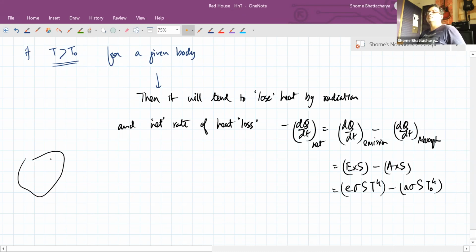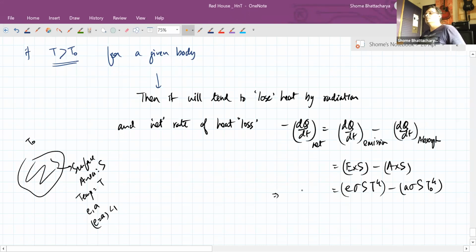So that same situation, it has a surface area equal to S, temperature equal to T, and emissivity and absorptivity. Now we know E is equal to A, less than 1 of course, and the surrounding temperature is T naught. So this is the net rate of heat loss.